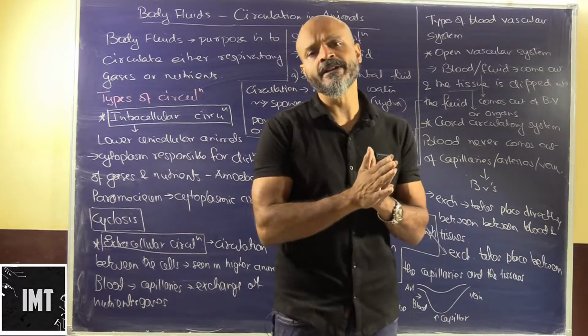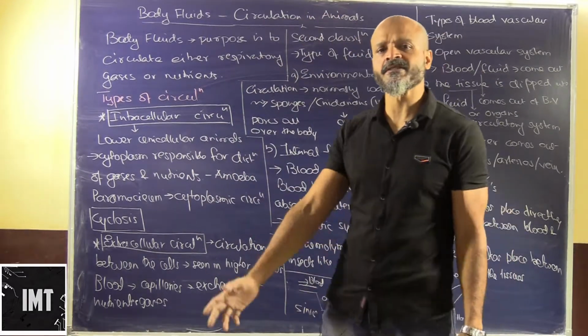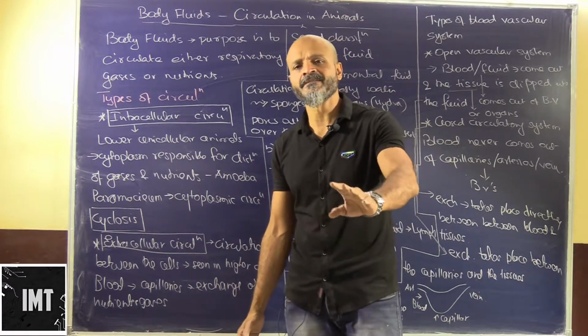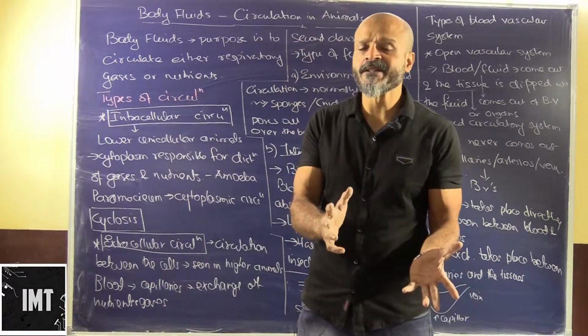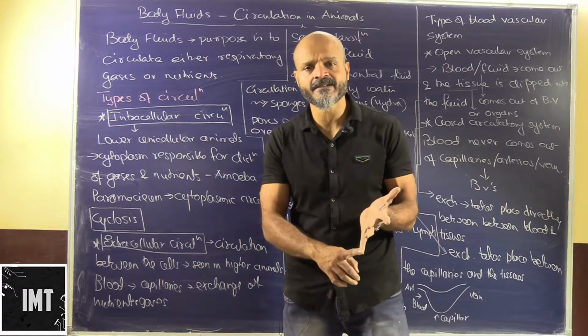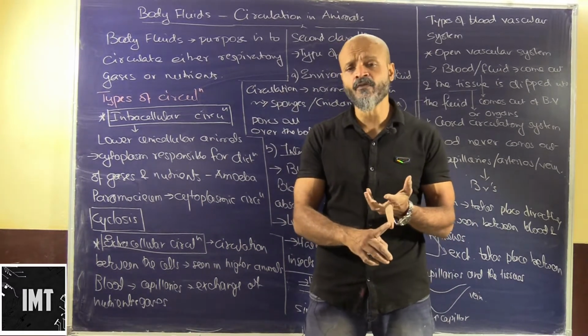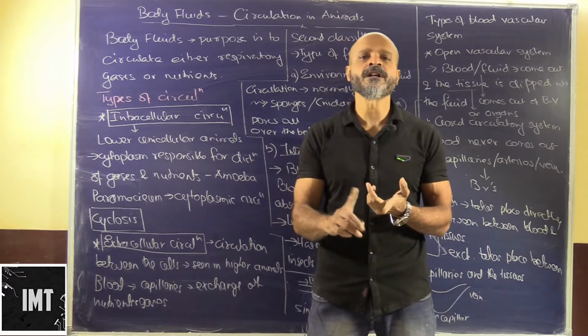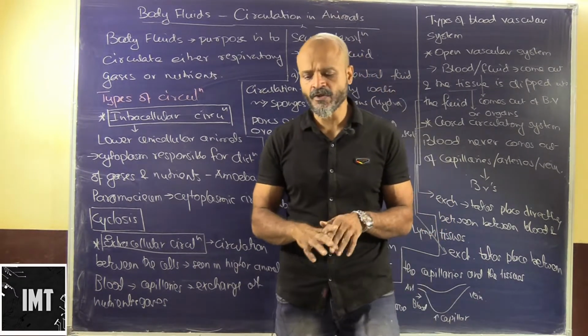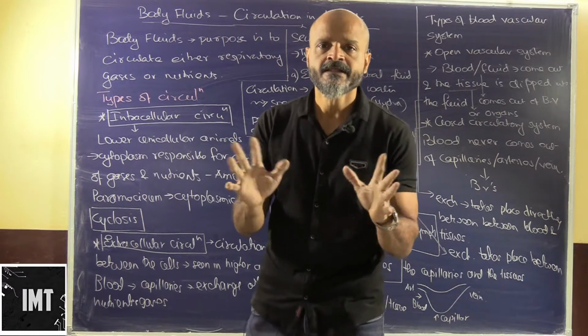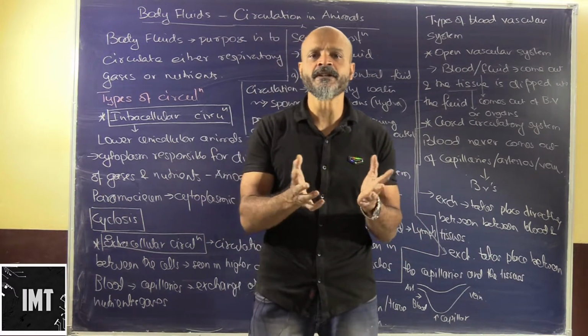In different organisms this transport happens differently. Circulation basically means transport: transport of gases, transport of absorbed materials from nutrients and food, and of course transport of waste as well. In different animals this entire process happens in a pretty different way.